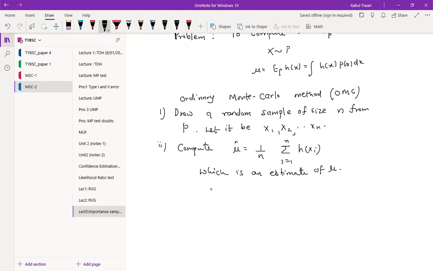But if you just observe here, what actually are Monte Carlo methods?